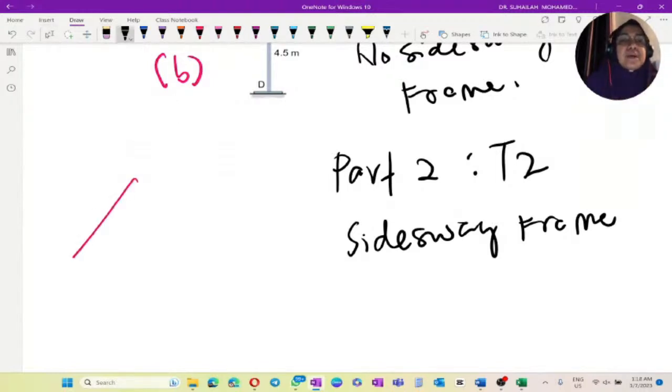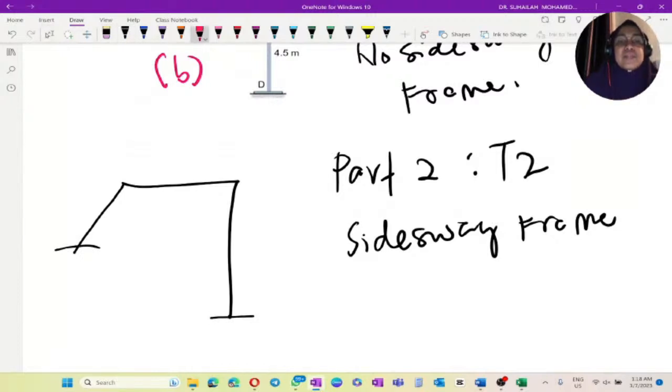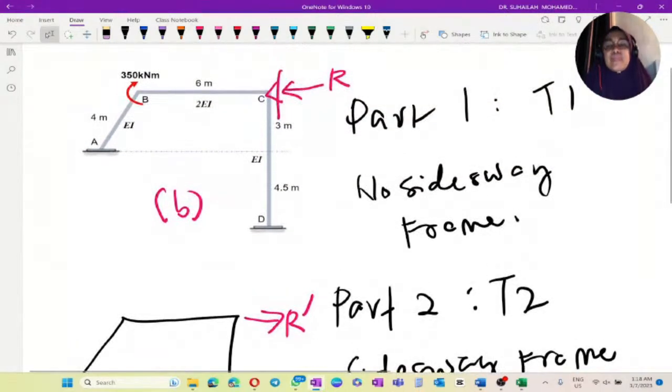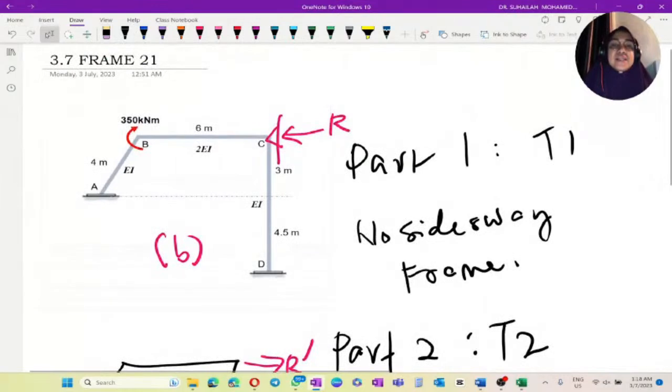The same geometry of the frame, but this time it is subjected to R prime. So this is diagram D. When we do the first part, we analyze this diagram.